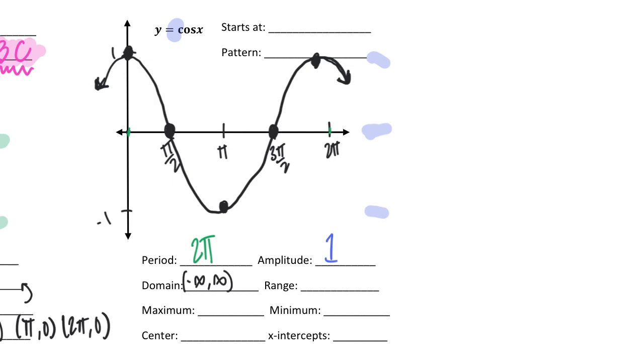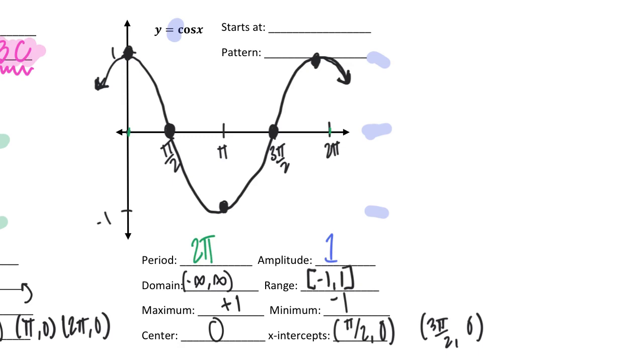It includes all x values, and the range is stuck in between -1 and 1, your minimum and maximum values. The center is 0, and the x-intercepts of your parent function were (pi over 2, 0) and (3 pi over 2, 0), where it crosses the x-axis.